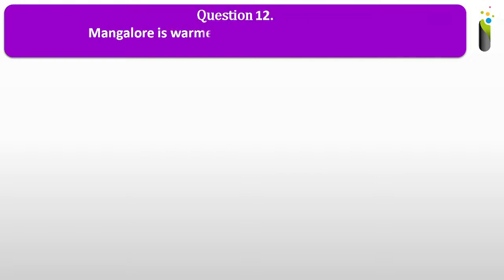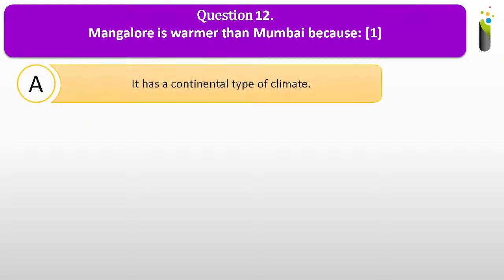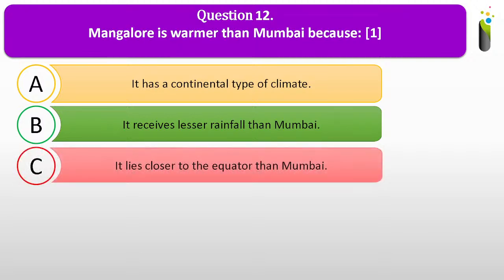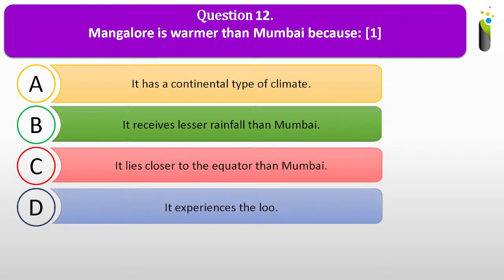Question number 12. Mangalore is warmer than Mumbai because dash. A. It has a continental type of climate. B. It receives lesser rainfall than Mumbai. C. It lies closer to the equator than Mumbai. D. It experiences the loop.